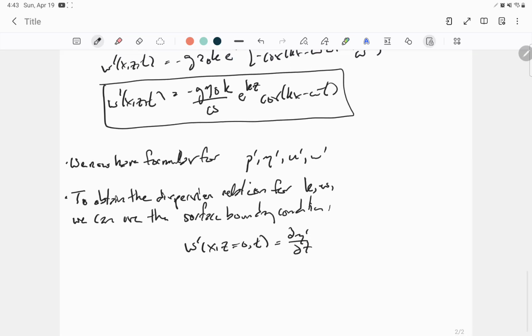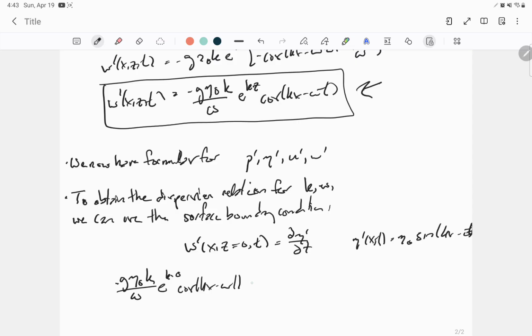So we can just simply evaluate these two expressions, because we had here eta prime of x and t was eta naught sine kx minus omega t, and w prime is just right there. So w prime at z equals 0 is the same as minus g eta naught k over omega e to the k times 0 times cosine of kx minus omega t.